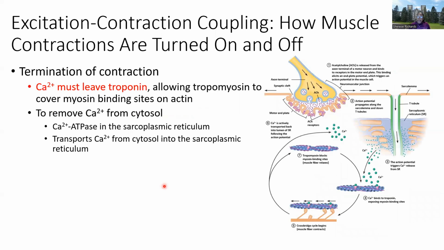Okay. And then just going back here to talk about the termination of contraction. Calcium is important to initiate the contraction, right, because it exposes the binding sites. But we need to remove that calcium from the cytosol or the sarcoplasm in order to stop that contraction as well.